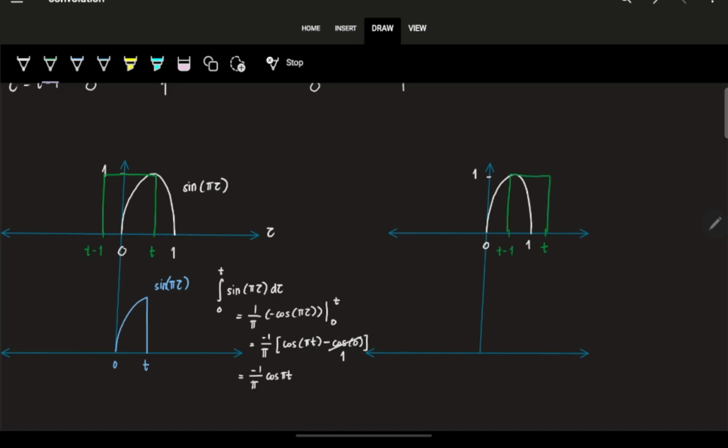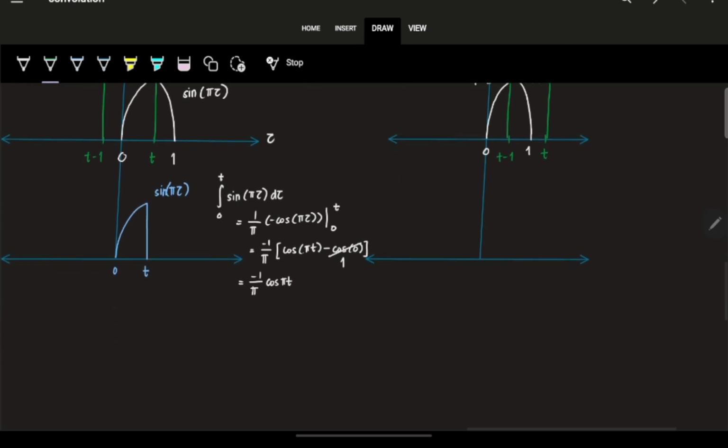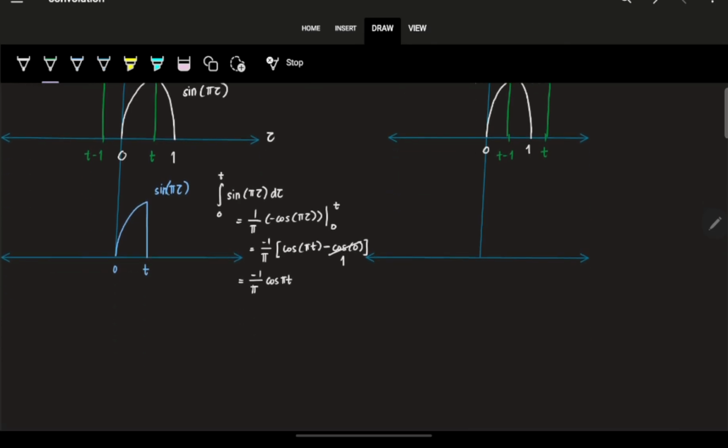So, now the overlap is on the right side. Magbabago lang, of course, yung boundaries natin. So, in this case, still defined by our sine pi of tau.